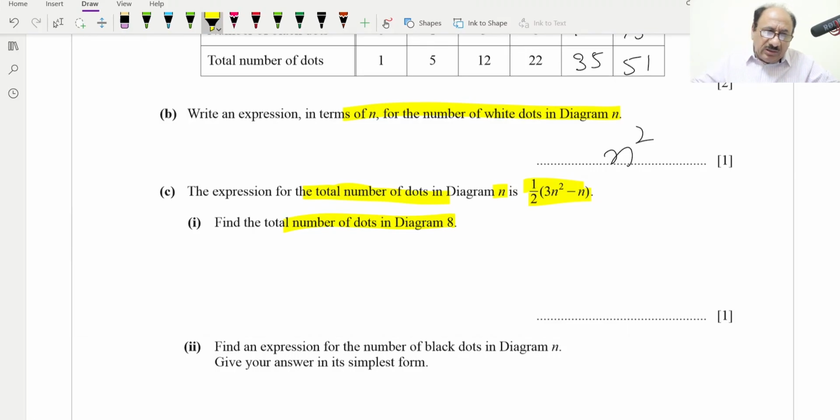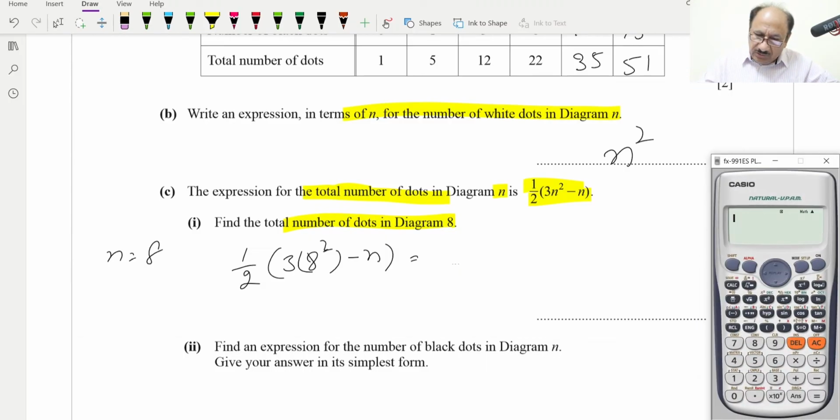This is the expression. Find the total number of dots in diagram 8. In diagram 8 means we will be replacing n is equal to 8 in this given formula. So n is equal to 8. So 1 by 2 into 3 into 8 squared minus n. We can directly use a calculator to calculate this, and that will be easier.